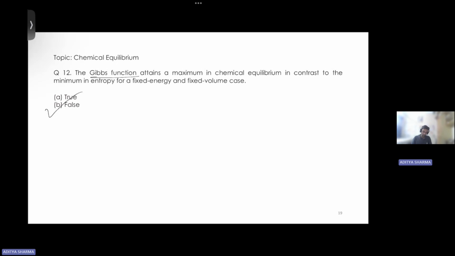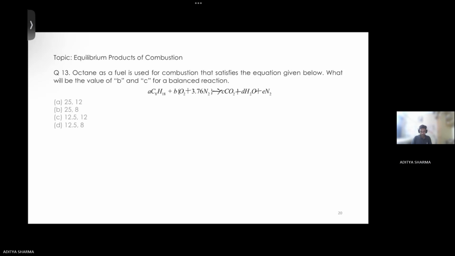And when we see chemical equilibrium in terms of entropy, it is at its maximum value. So in that case this becomes a false statement.